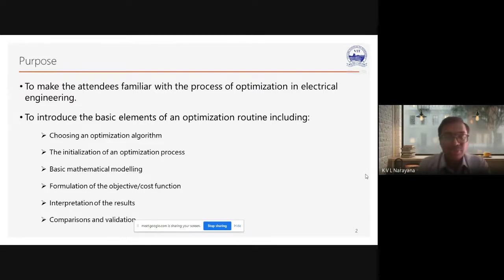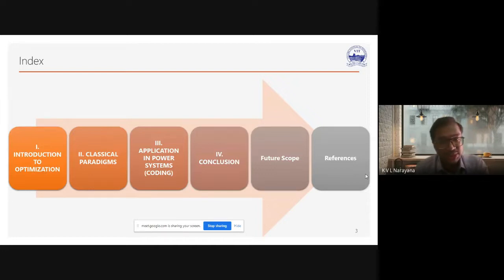The presentation has been divided into 4 parts. The first part would cover the basics of optimization. I have gone through the schedule of this short-term training program, and the previous resource persons have already covered the basics of optimization, some of the swarm intelligence algorithms and other metaheuristic optimization algorithms, applied to PV parameter estimation and some other applications.